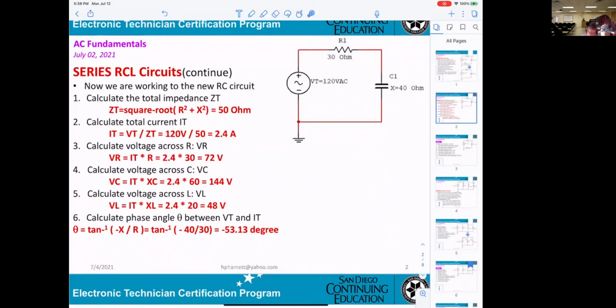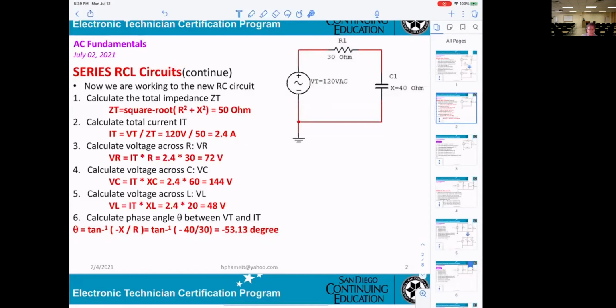That means you can get total 120 VAC divided by 50 ohm total impedance. You get your 0.4 amp.